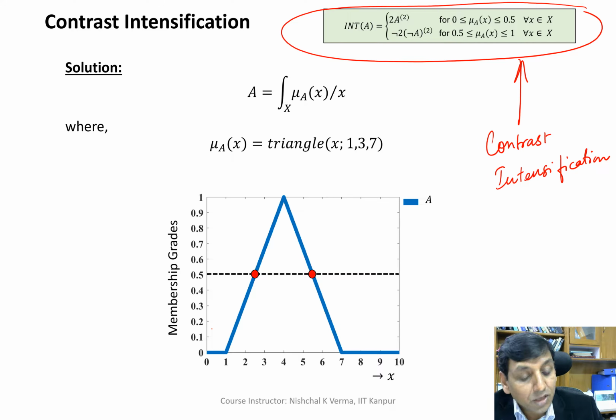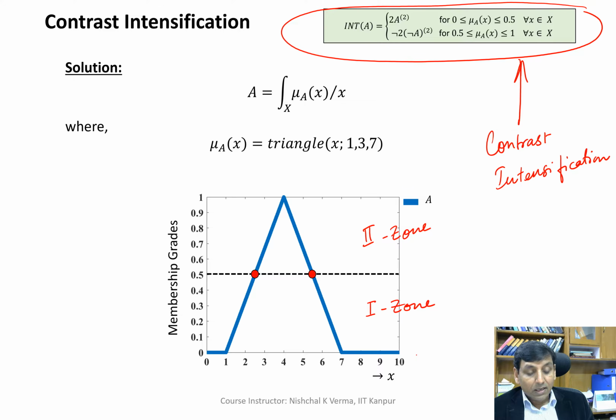The first zone is basically the zone which is below the 0.5 membership value. I write here the first zone, and then we have the second zone, which is applicable to more than 0.5 as the membership value.